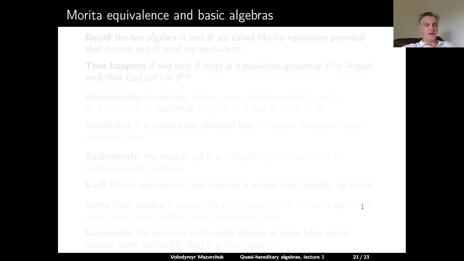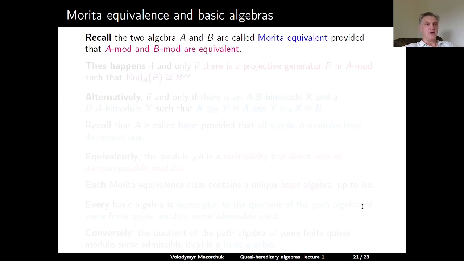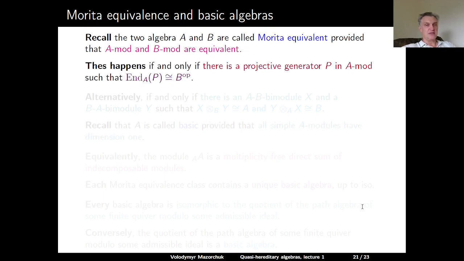And finally, let us talk about Morita equivalence and basic algebra. Recall that two algebras A and B are Morita equivalent, provided that A-mod and B-mod are equivalent. This happens if and only if there is a projective generator P in A-mod such that the endomorphism algebra of this generator P is isomorphic to B^op.